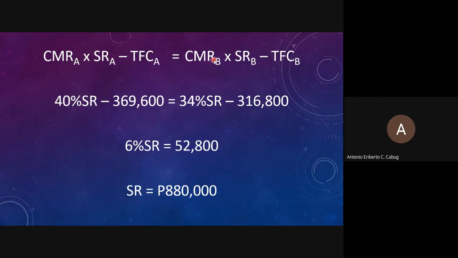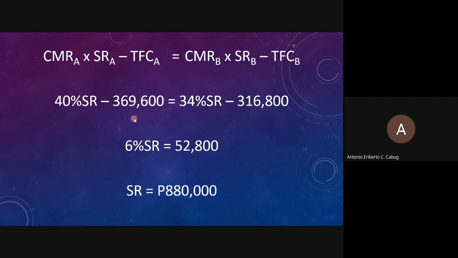Try natin ha. If 880,000 yung ating sales revenue, pantay ang kanilang profit or loss. Try natin. 40% times 880K, that would be 352 minus 369,600. Negative 17,600.